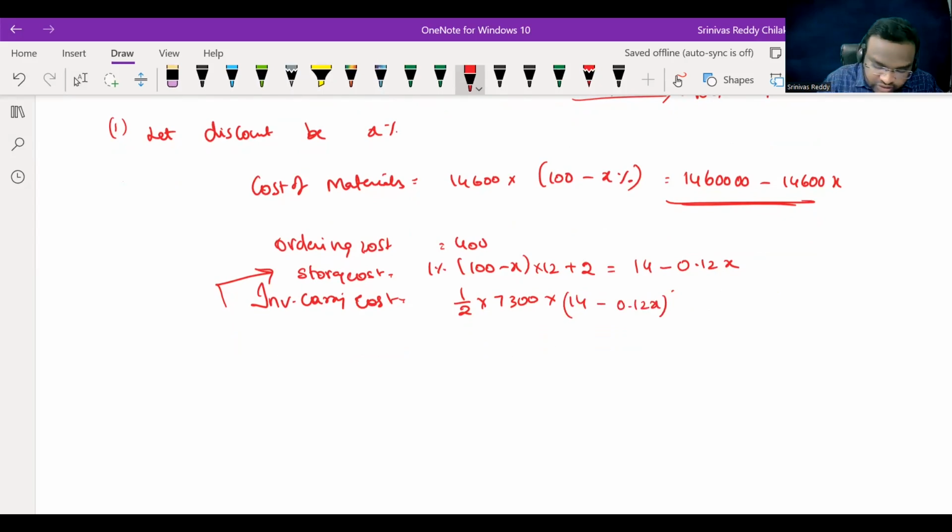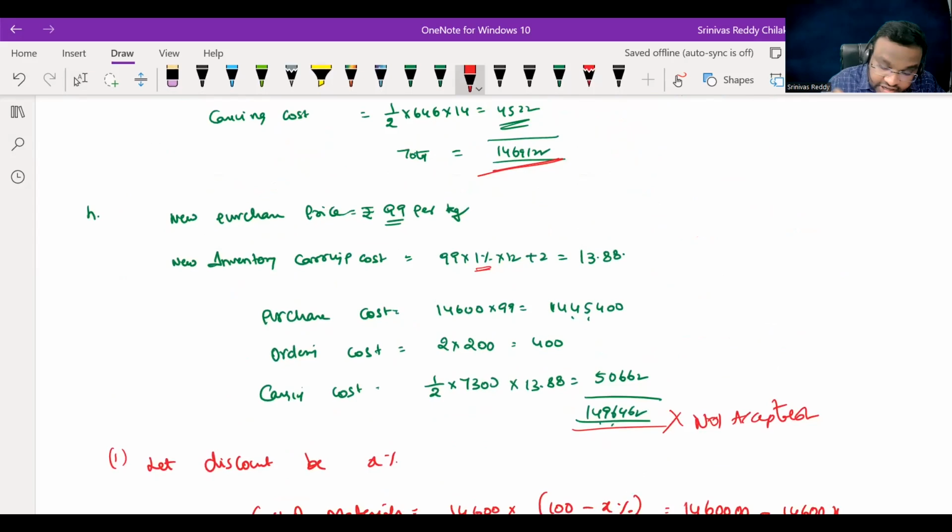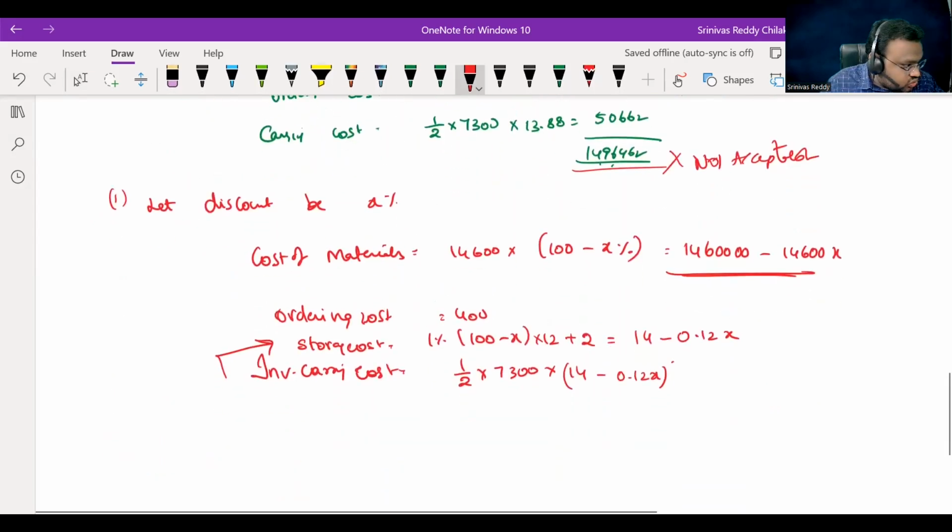So I'll work out my total cost now. The total cost minimum should be equal to 14,69,122, correct?